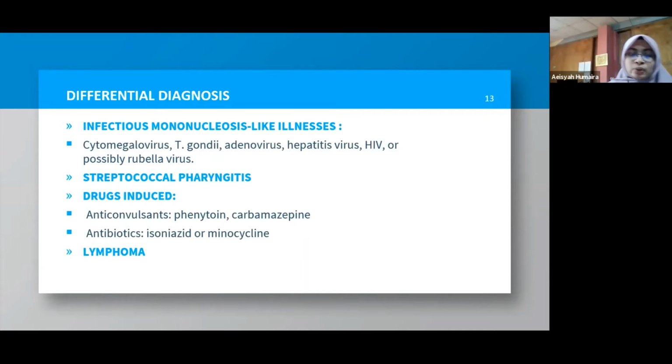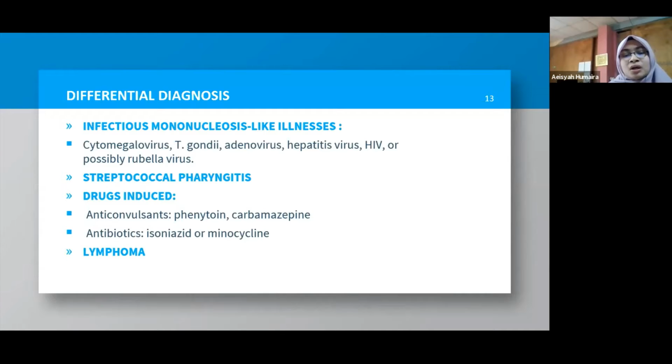Next, streptococcal pharyngitis caused by group A streptococcus. Group A streptococcus also presents with a clinical syndrome like fever, pharyngitis, and lymphadenopathy. But this pharyngitis does not present with fatigue and splenomegaly.